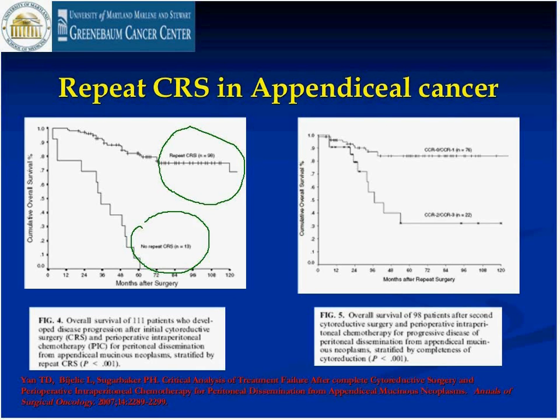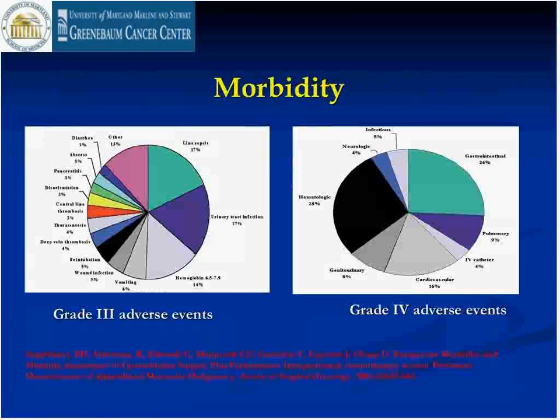Again, this is very similar to the data that I've shown you before, which illustrates that the benefit of cytoreductive surgery can be reproduced if the tumor has recurred after the initial operation.